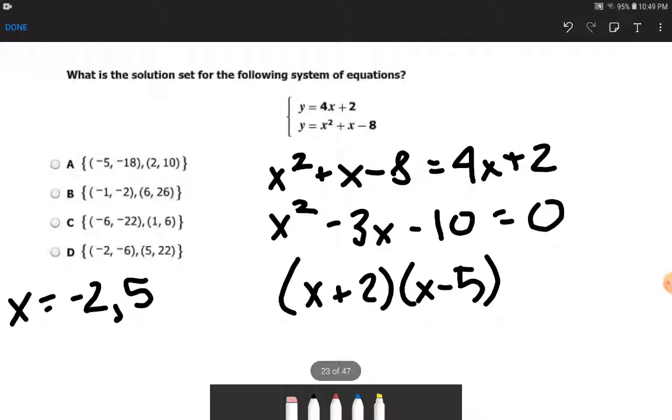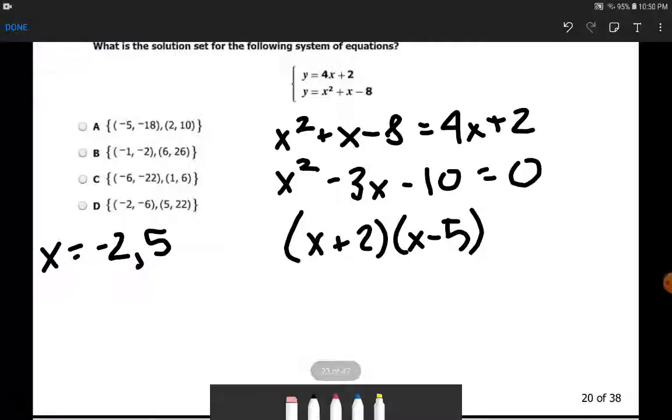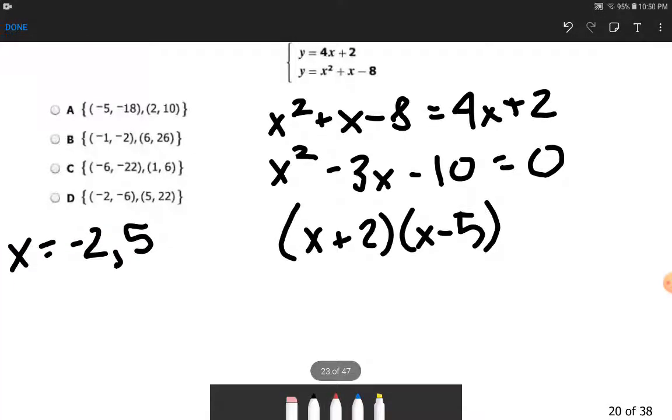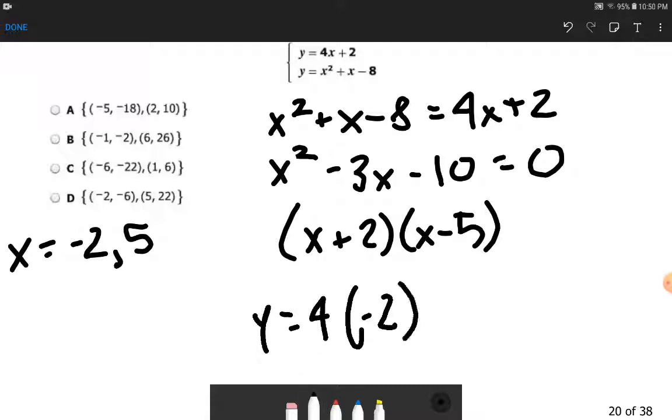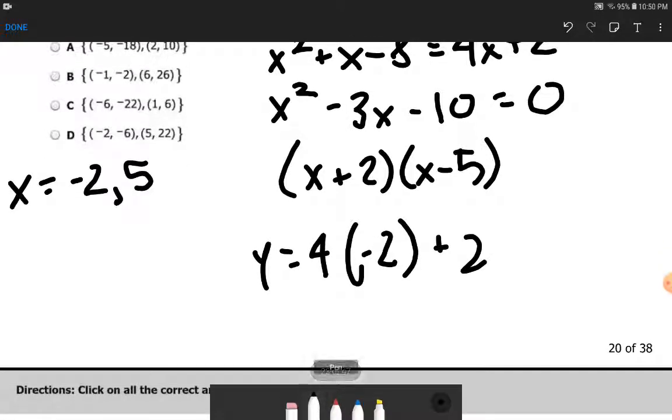Now we are going to go back to our equations and substitute in each of the x's to get the y values. So let's substitute them into the first equation. Y equals 4, let's do -2 first, plus 2. That would be -8 plus 2, which is -6. And substitute the other x, 5.